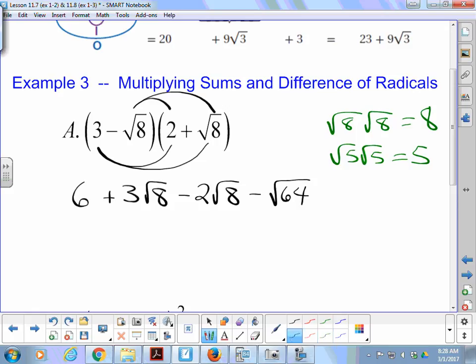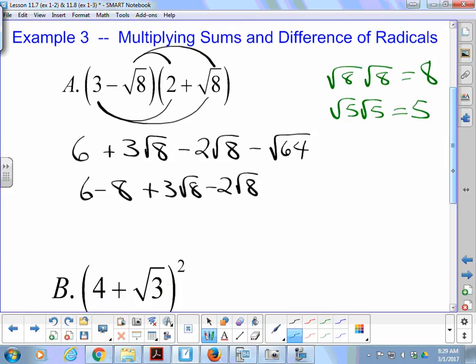So here we get 6 minus 8, and we have 3 square roots of 8 minus 2 square roots of 8. I'm writing it out this way, you don't have to, but I'm just adding that step so we can see it. So 6 minus 8 is negative 2. 3 minus 2 is 1, so we get the square root of 8 there.